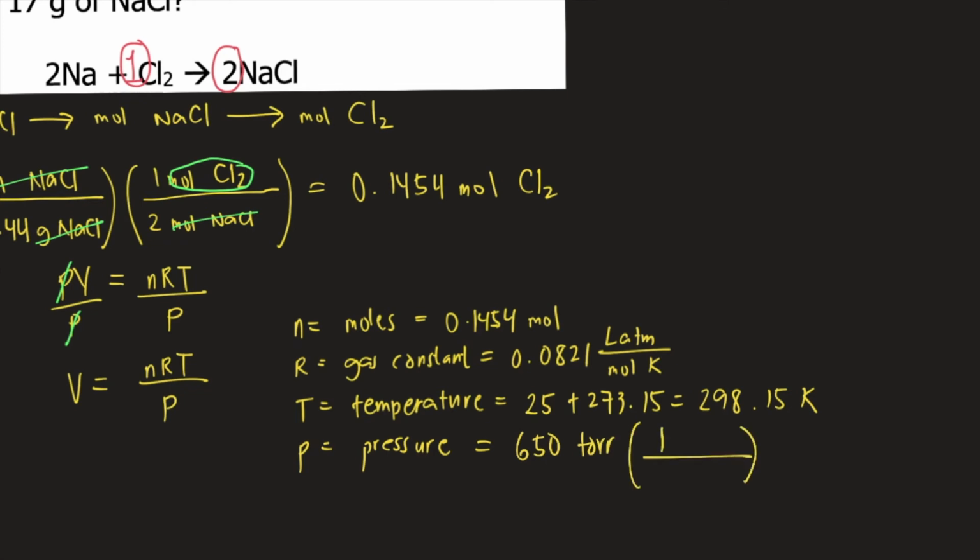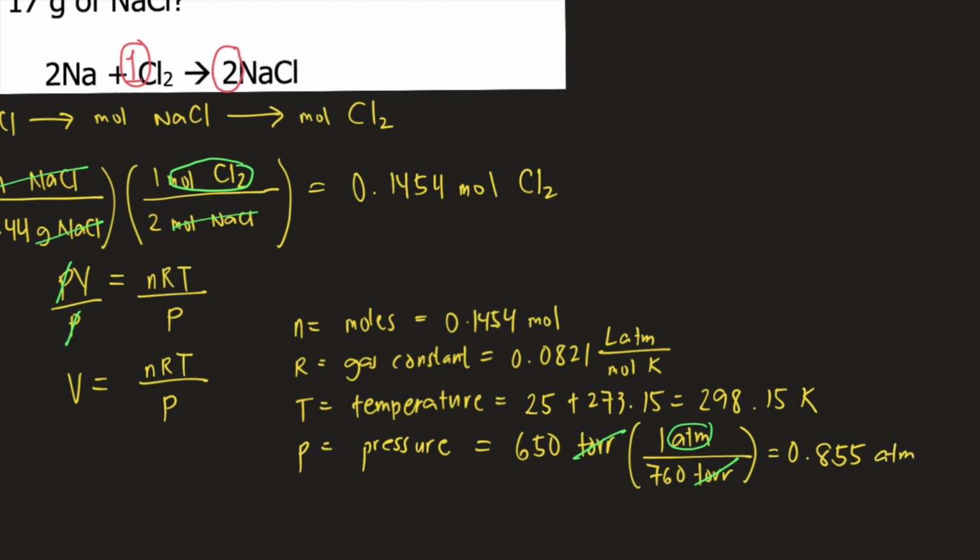We know that 1 atm is equivalent to 760 torr. So torr would cancel. We have atm on top. So 650 divided by 760, that is equal to 0.855 atm.